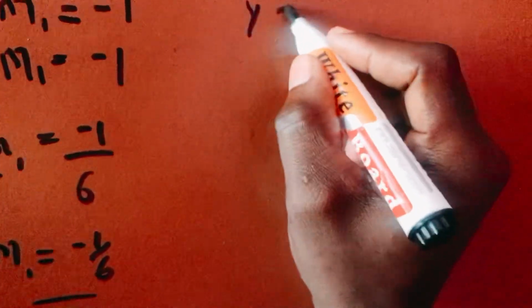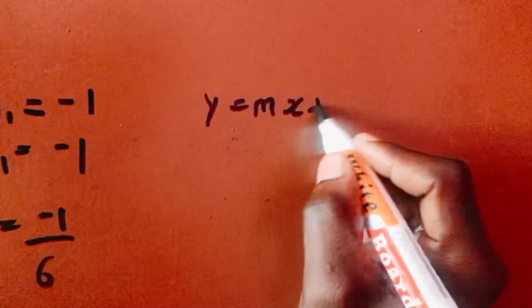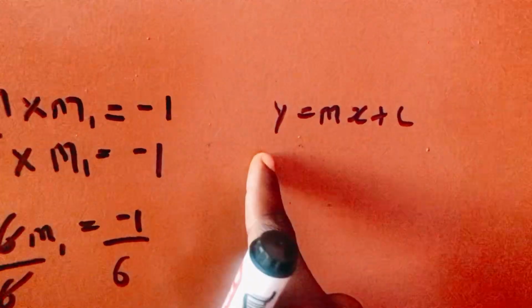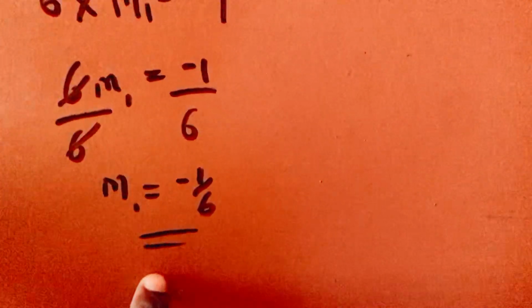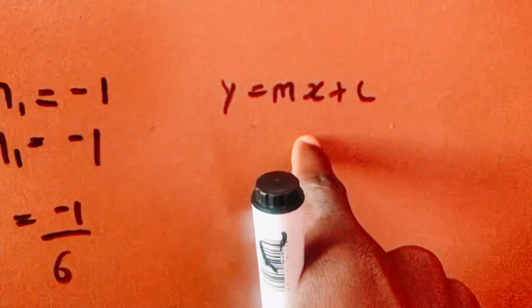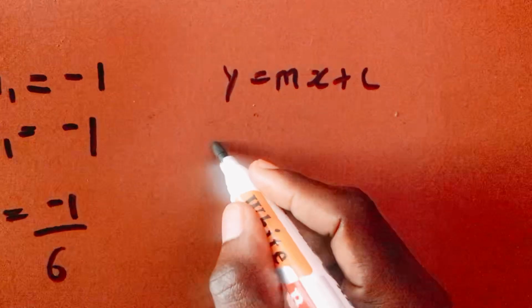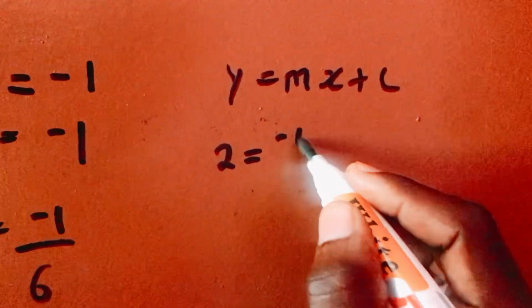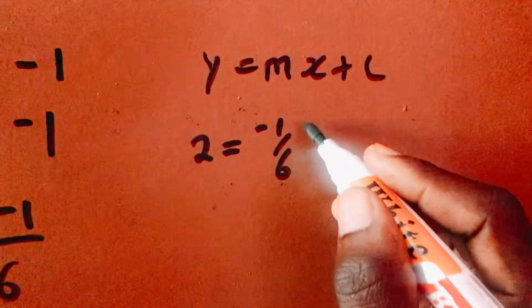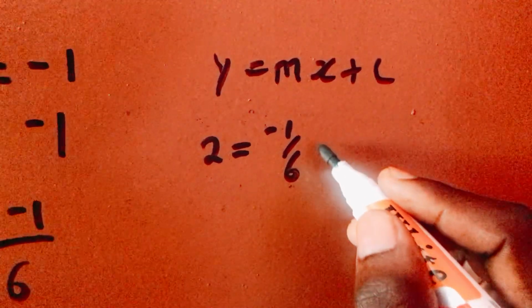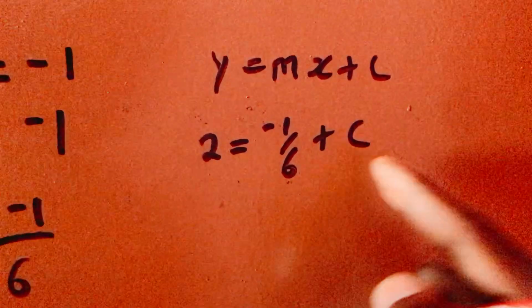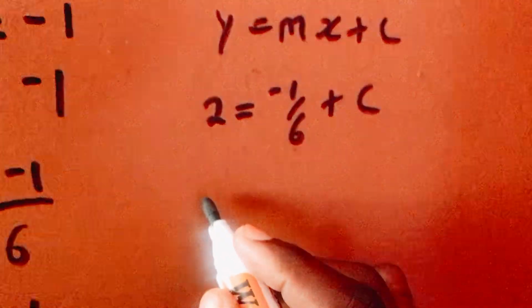So the equation is y is equal to mx plus c. We have the y, we have the m now, we have the x, now we need to find the c. So we plug them all in. The y is 2, is equal to m, which is -1 over 6, times x, which is 1, so it doesn't really change anything, plus c. We're looking for c. So this will come over to this side of the equation.